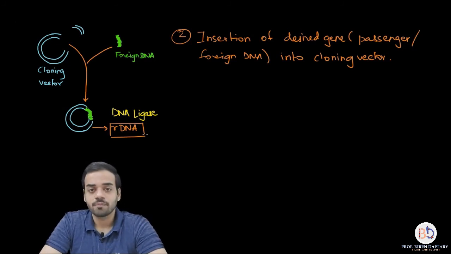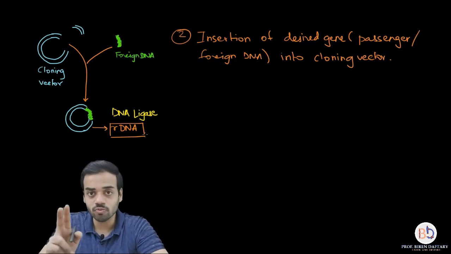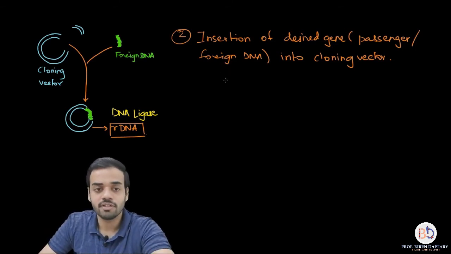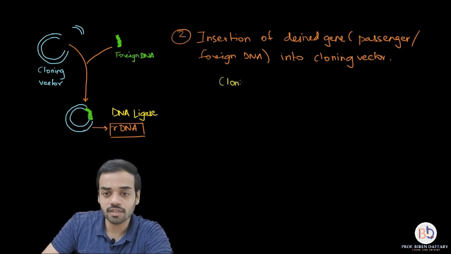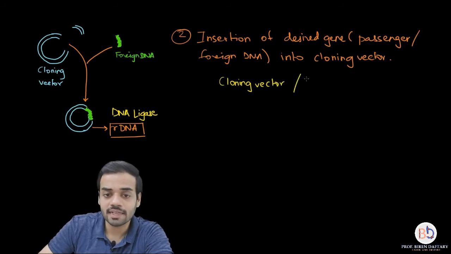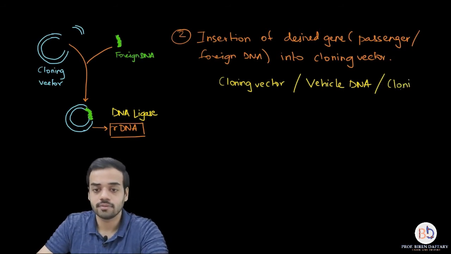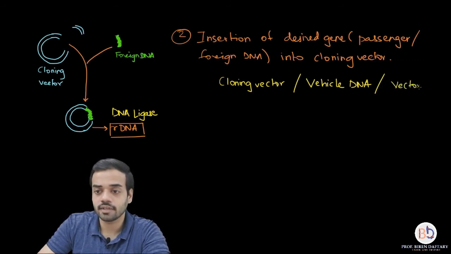Okay, now what you need to remember is, just like for the desired gene you had used two words, passenger DNA and foreign DNA, similarly over here, when we are talking about the cloning vector, it can also be called the vehicle DNA, or it can also be called the vector DNA.